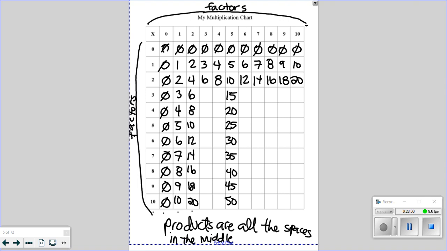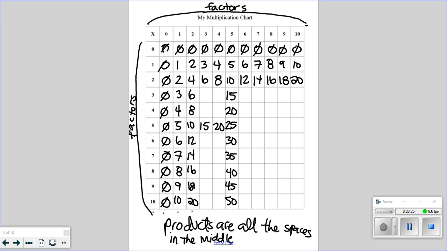So now I'm going to say 0 groups of 5. What's 0 groups of 5? 1 group of 5? 2 groups of 5? 3 groups of 5? That one we got to add. What about 4 groups of 5? 5 groups of 5?